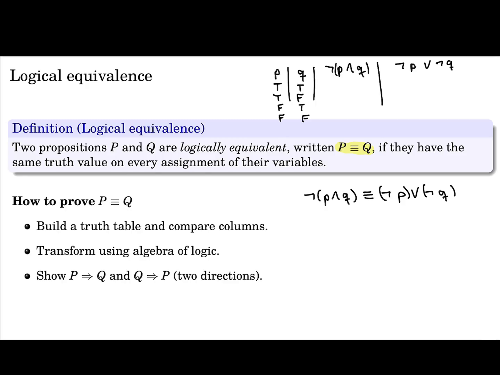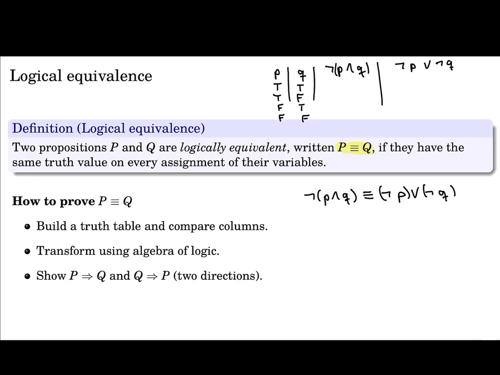Another one is using a sort of algebra of logic, right? After you've established rules like this, you can use them. That's why this looks like an equal, the negation looks like a minus, and this looks like a distributive law somehow, where the minus is able to go inside, but it swaps the and to an or.